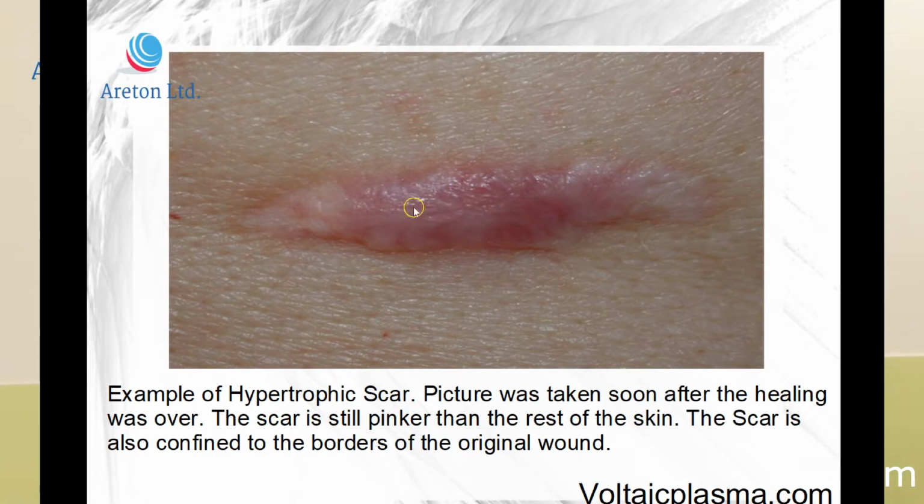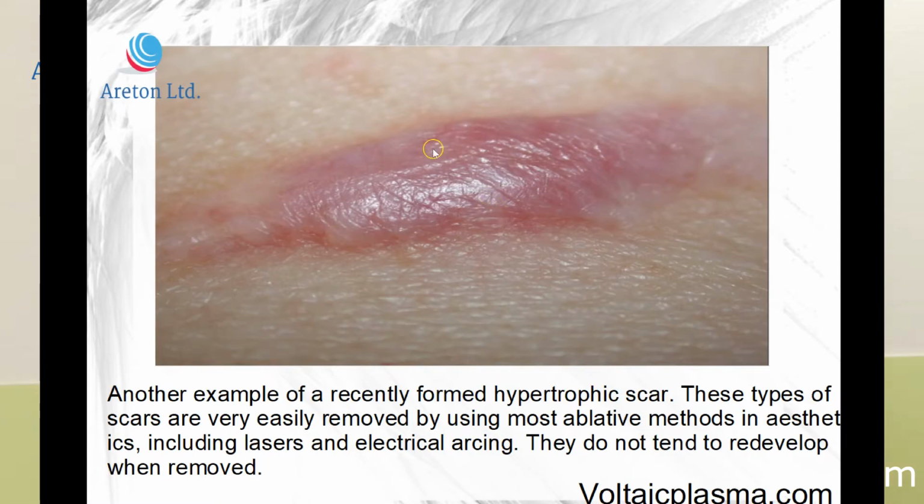Very likely this red part here is going to decrease in size over time, so it's not going to be as visible as it is in a number of months. So this is a very important thing.